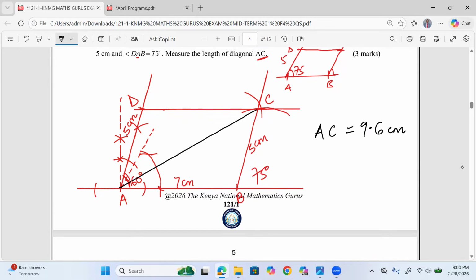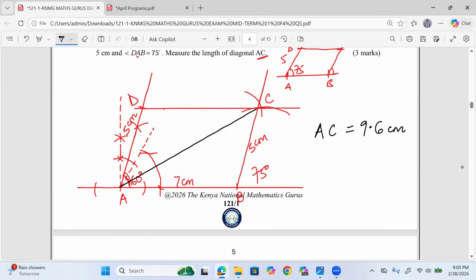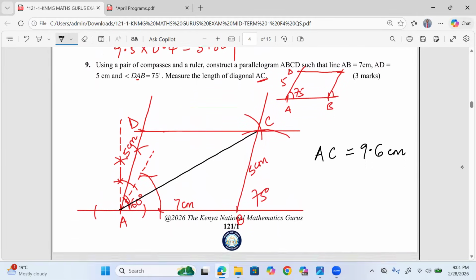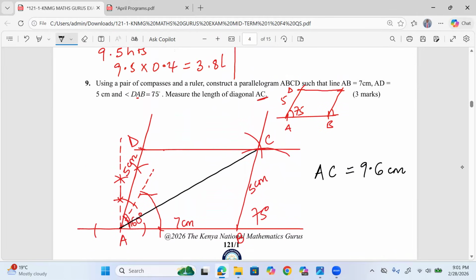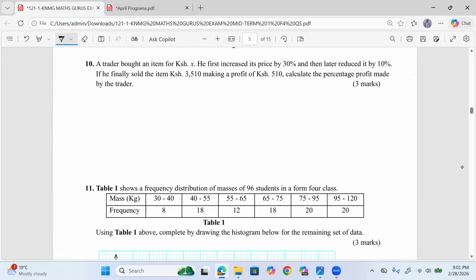So the people with 9.7, the people with 9.5 are always considered to be within the range, and their mark is assured. Yeah, exactly 9.6. I've also confirmed using my ruler. It's exactly 9.6. So that is the diagram that you are needed to come up with.